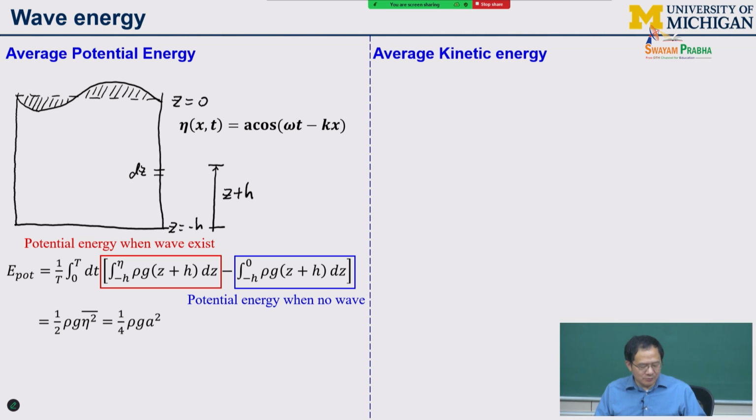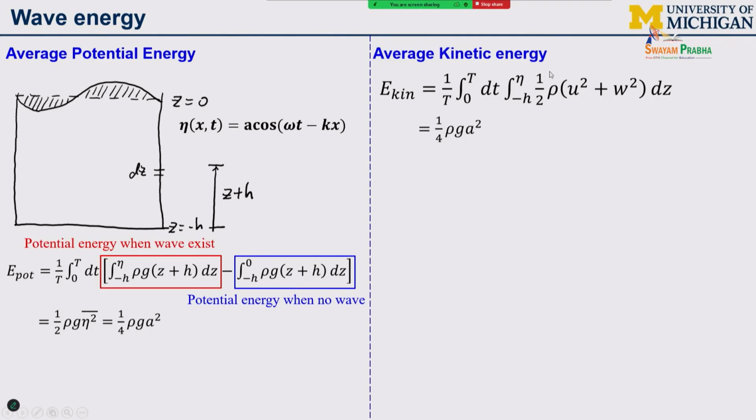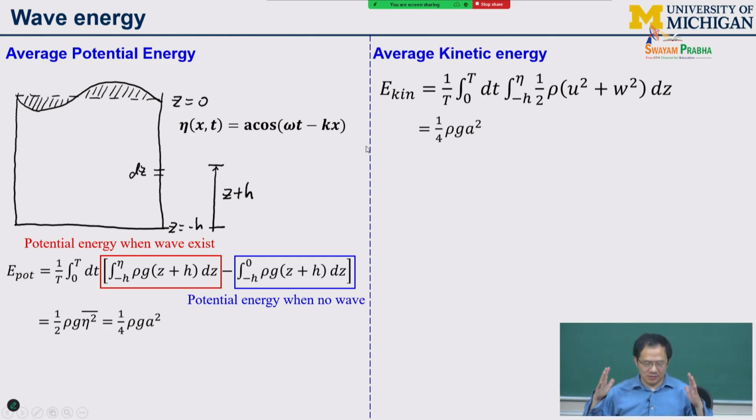It is 1 over 2 rho g A square, where A is the amplitude. That is the potential energy in one wave period. Similarly, if you look into the particle motion, U square plus W square, the total velocity, and integrate over this particular volume and wavelength, you will find this is also 1 over 2 rho g A square.